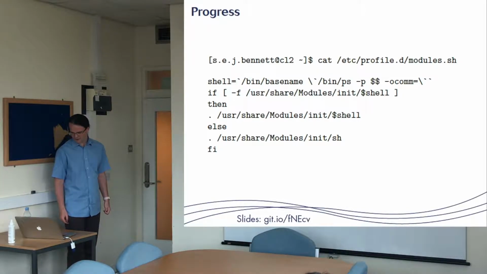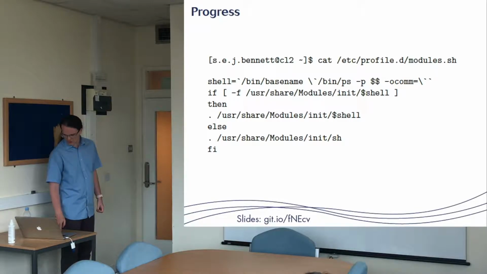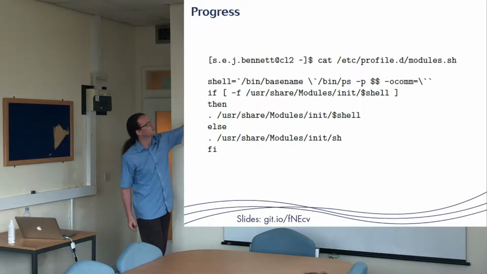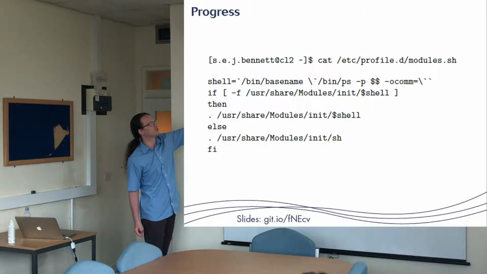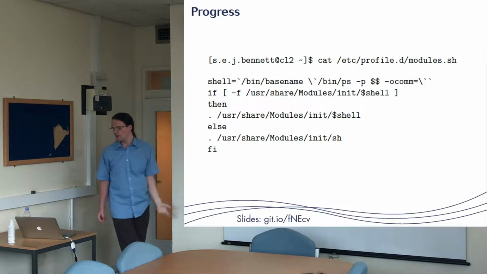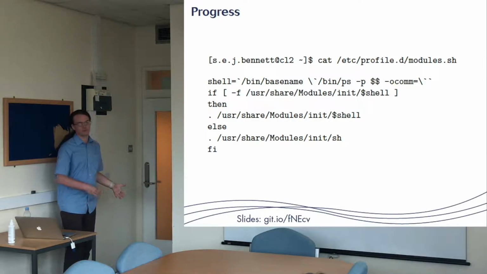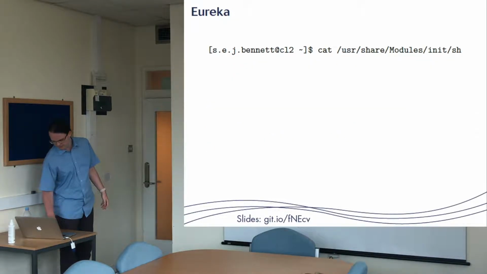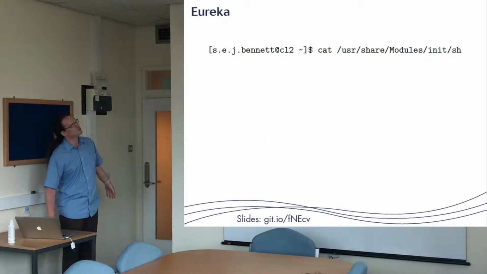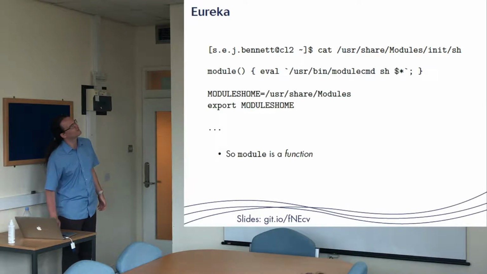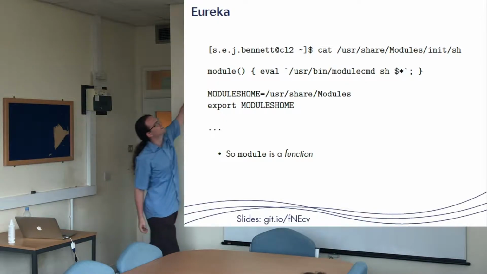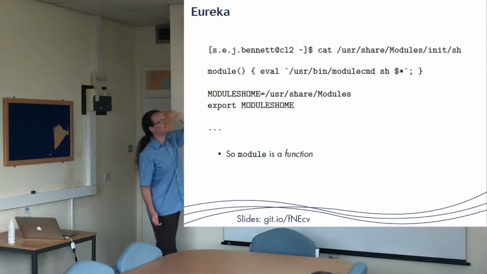So when we log in, we're sourcing this initialization of module for the current shell, whatever the current shell is. Okay, the rabbit hole goes further. Let's go and look at the contents of this init file. I'm going to use the one for bare sh because it's probably the simplest. Aha! Module is a function.